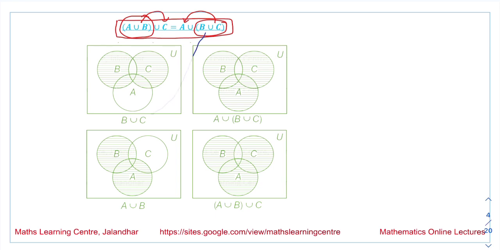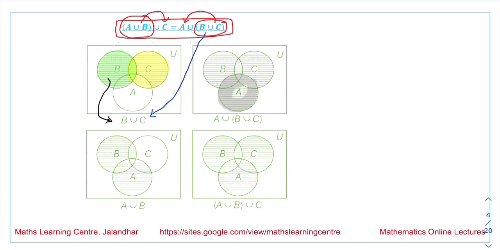First of all we perform the operation B union C. These are the sets A, B and C. This portion is B, and this portion is C. So this shaded portion, blue and green and yellow, represents the region B union C. When we take the union with A, we get this region also.